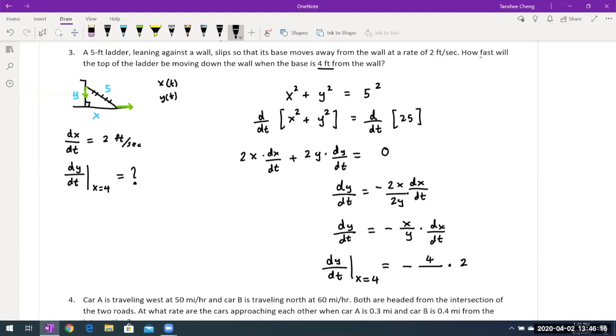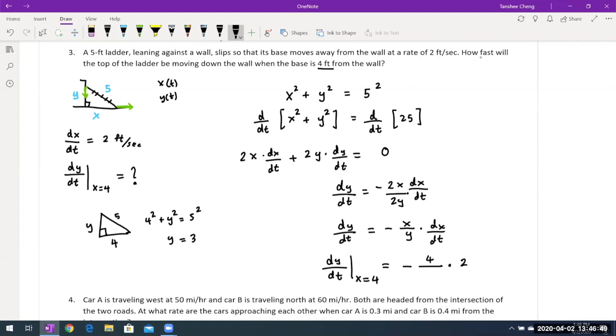Now what I don't know is my y. As in the previous example, we go back to our picture and talk about the instantaneous case. Which instant are we looking at? When the base is 4 feet away from the wall, and my ladder, the hypotenuse, is always 5. So what is my y? Once again, 4 squared plus y squared equals 5 squared, which is a 3-4-5 triangle again.